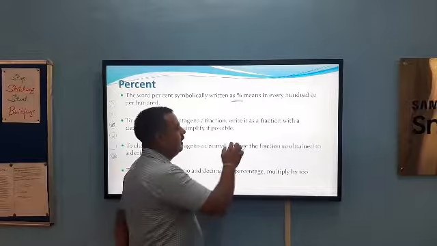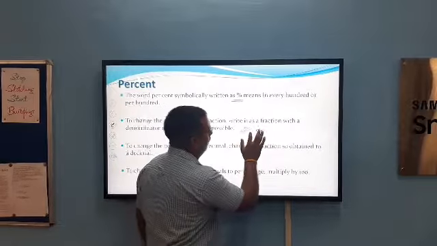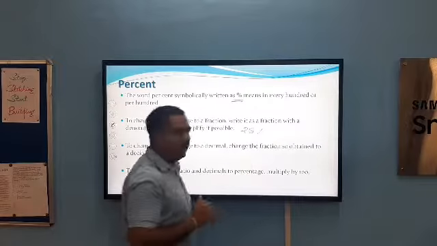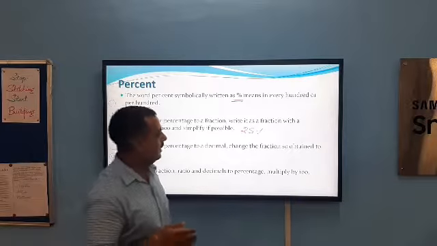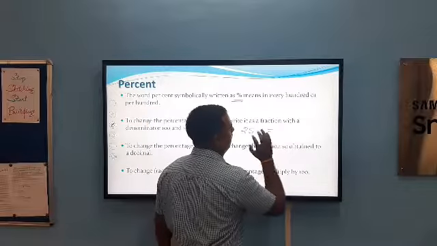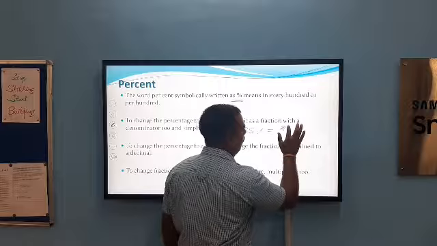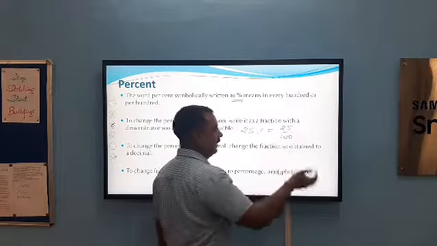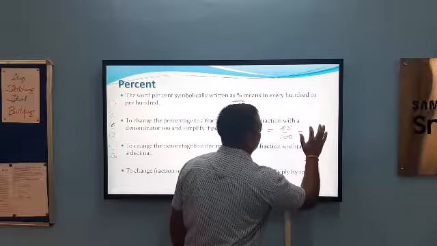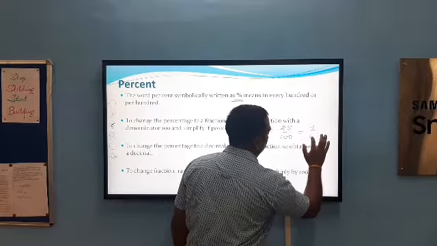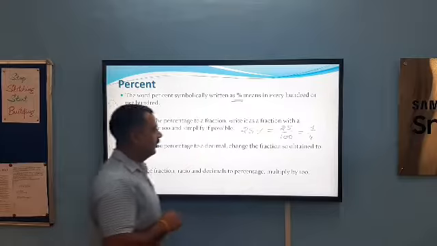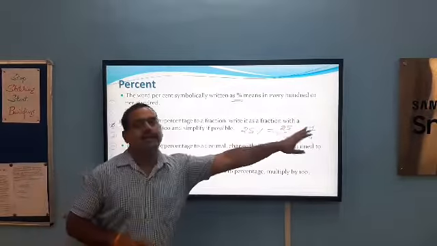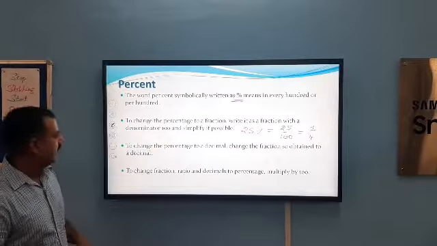For example, 25% written as a fraction is 25 over 100, and after simplification it becomes 1 upon 4. So here the percentage is converted into the fraction.